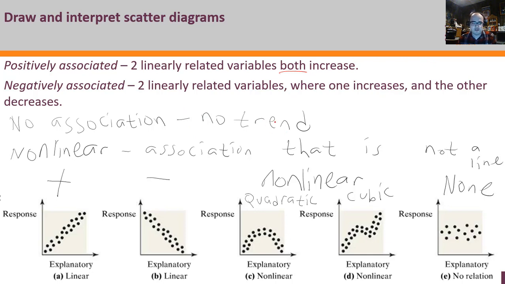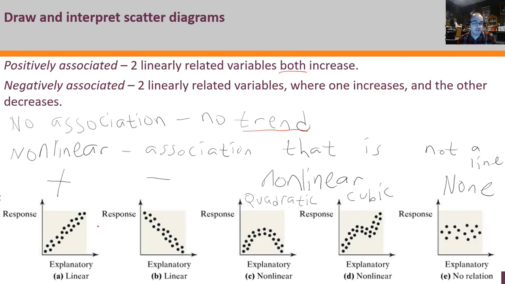With no association, you can't really discern a trend; it doesn't go up or down, just stays practically constant. A nonlinear association is basically not a line. It can be any other type of function, as long as it's not a line.